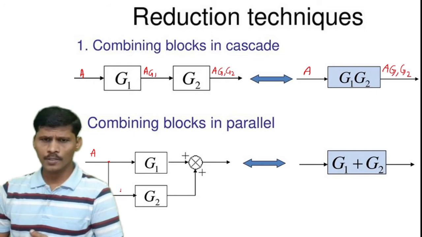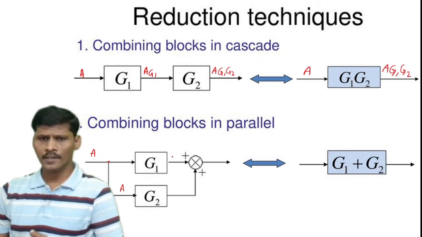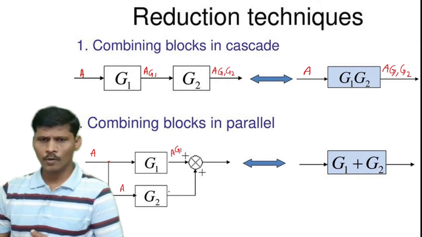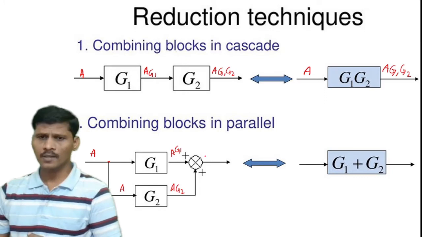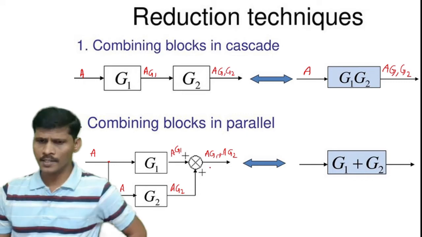The input to this block is also A, and the output is A into G1. The output of the other block is A into G2. The output of the summing point is A G1 plus A G2. Here A is common in both terms, therefore A into (G1 plus G2).